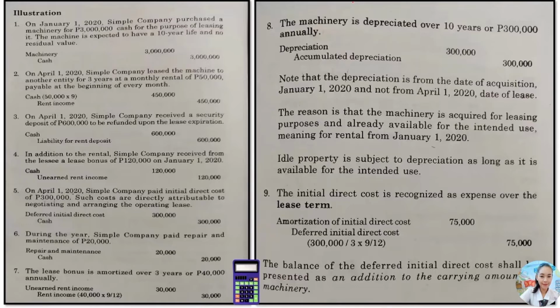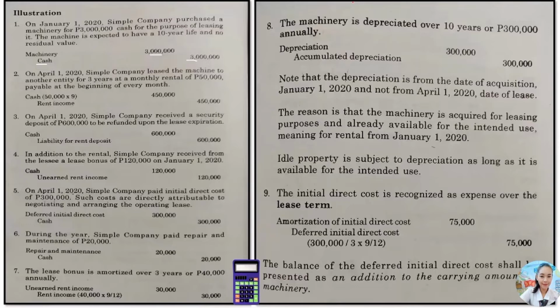And then the machine is expected to have a 10-year life and no residual value. Okay, so the moment nga na-acquire ni Simple Company ang machinery, so the record niya is debit machinery 3 million, and then since nagbayad siya ug cash, mag-credit siya ug cash 3 million.